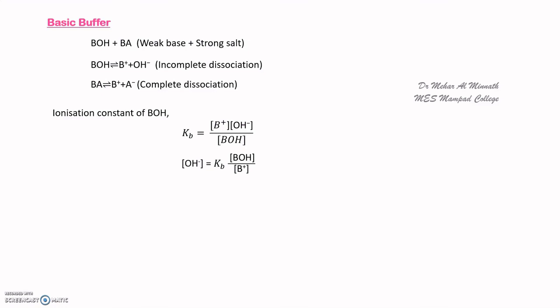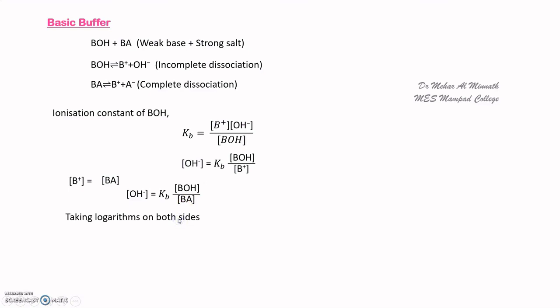And again, the way we have assumed in acidic buffer, here also most of the B plus ions come from the complete dissociation of BA rather than from the dissociation of the base. So we can equate the concentration of B plus to the concentration of BA, and hence rewrite the expression as concentration of OH minus equal to Kb into concentration of BOH divided by concentration of BA.